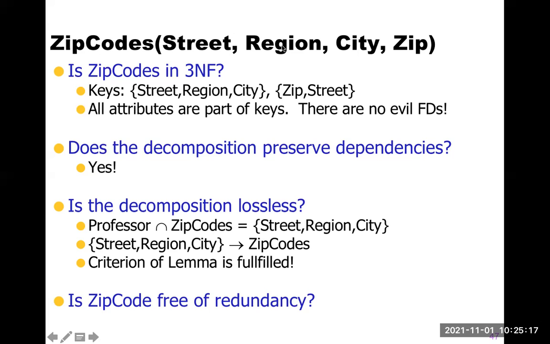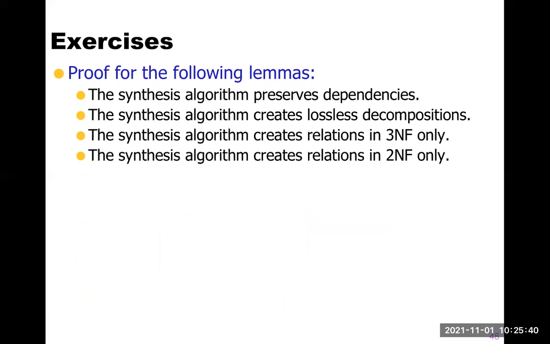So yes, the decomposition is lossless, and the criterion of the lemma is fulfilled: the intersection of tables after decomposition, in this case street, region, and city, is a key in this table. So that's it.